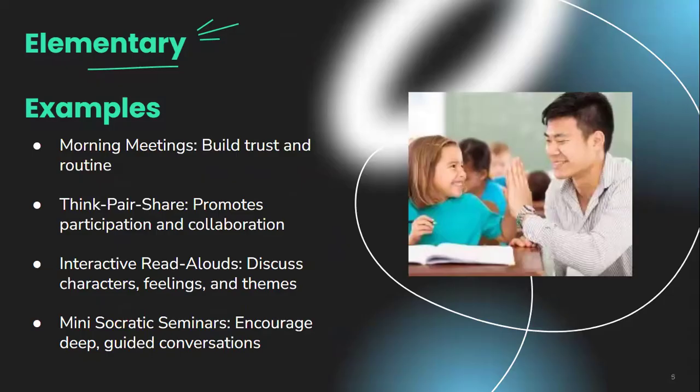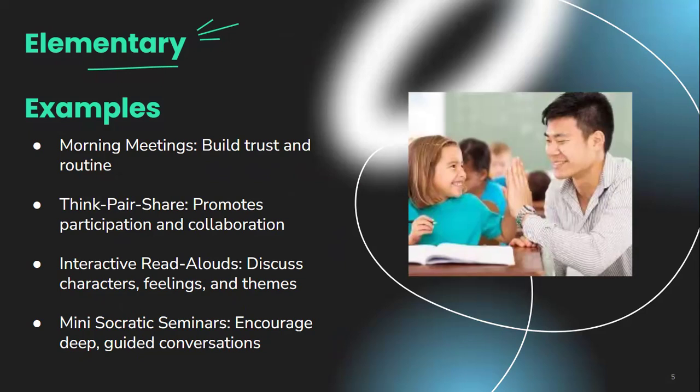So let's begin to look at it through an elementary lens first. Morning meetings, which we talked about before, are an important place to build trust and routine with our students. Younger learners need those routines and those interactions to reinforce the value of relationships.